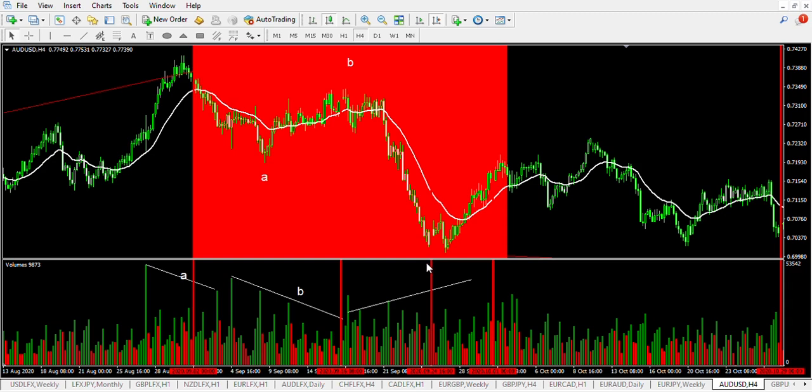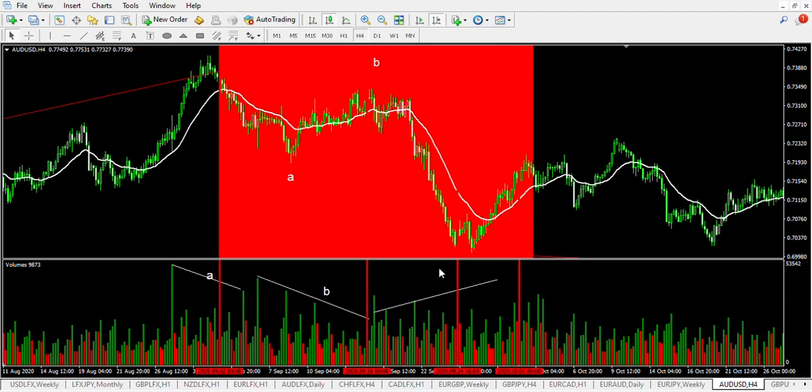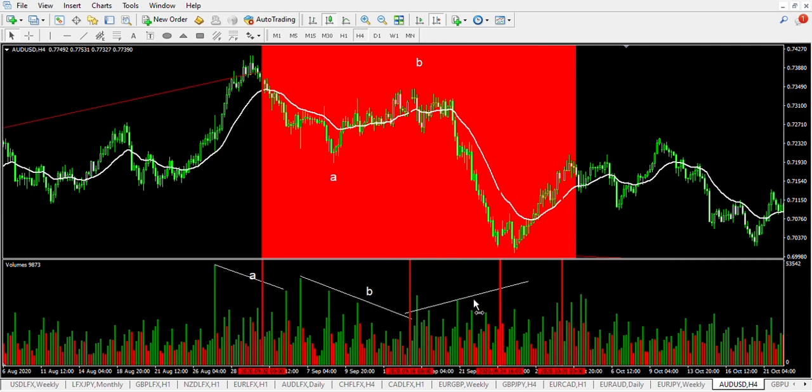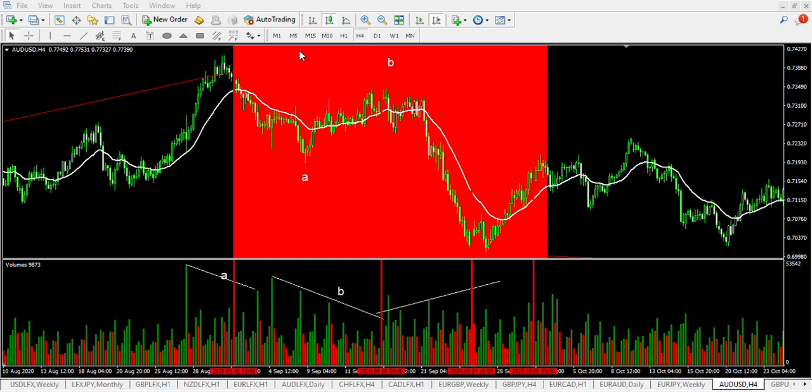I'm trying to pick the vertical line. All right, you can see this is higher than this is higher than this. You can see at every point it goes higher. And now you can see clearly that the wave C happens to be the what? The trend of a retracement.